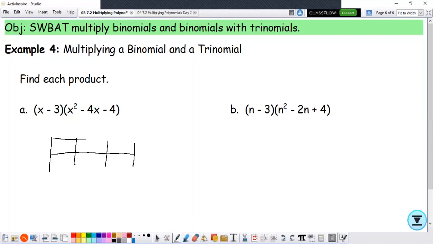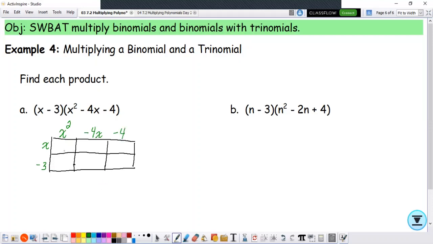So I'm going to end up finding the area of 6 regions. So we have one side that has the dimensions of x minus 3, and the other side has the dimensions of x squared minus 4x minus 4.